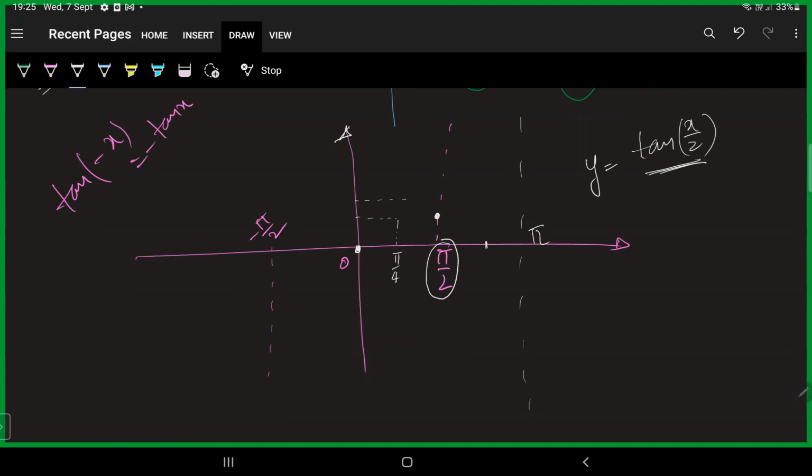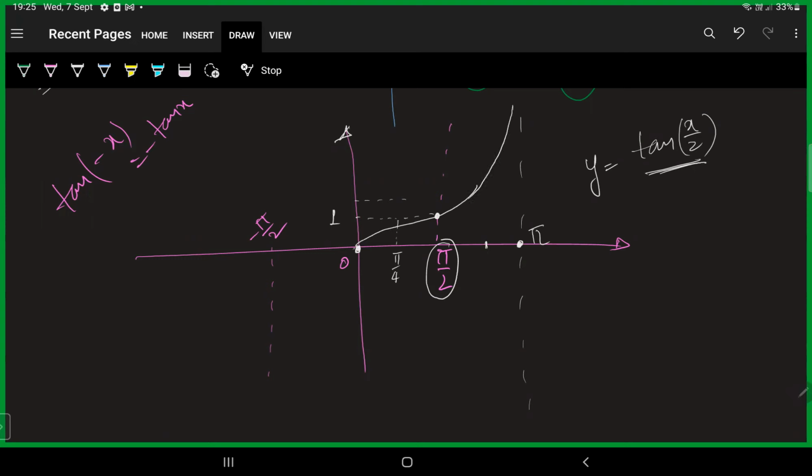That tan pi by 4 was the value of 1. So that's why we have plotted 1 here. Okay. Got it? Now at pi, what will be the value if you put pi? If we substitute here, this will become tan pi by 2, right? So tan pi by 2 is how much? Not defined. So it will be somewhere. So the graph will look something like this.